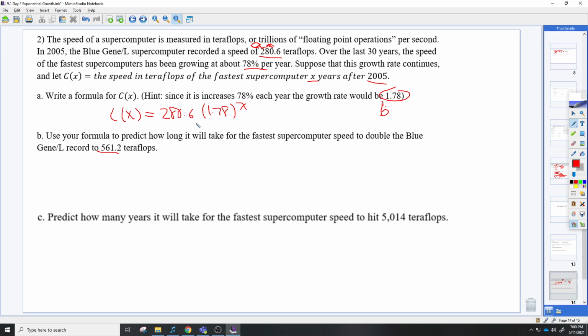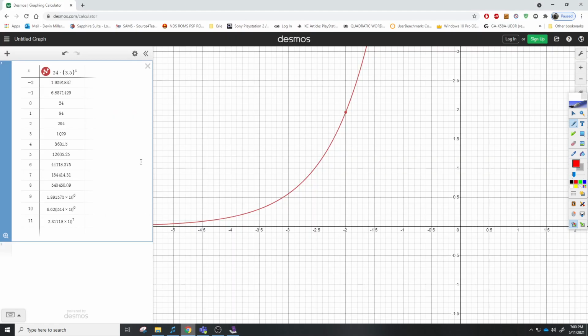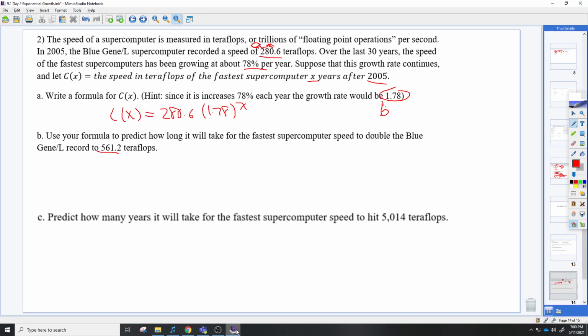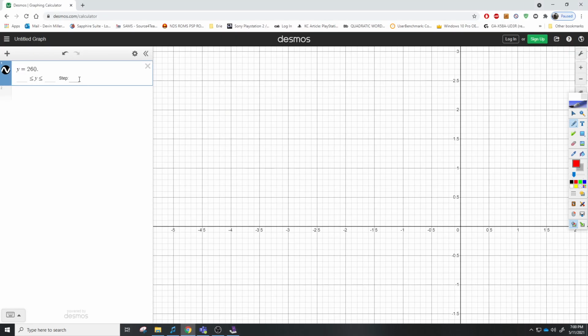You could also do a guess and check, but I think I'm going to put it into the table here. So let's try y equals, what was it? 280.6 times, in parentheses, 1.78 to the x power.